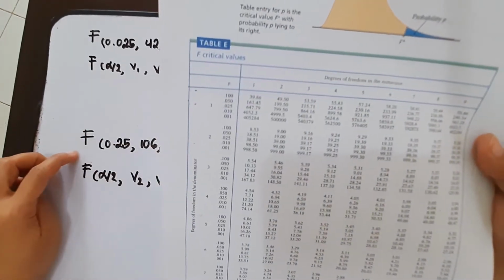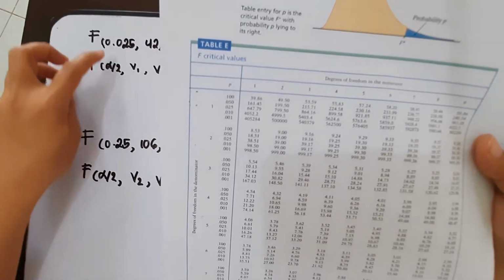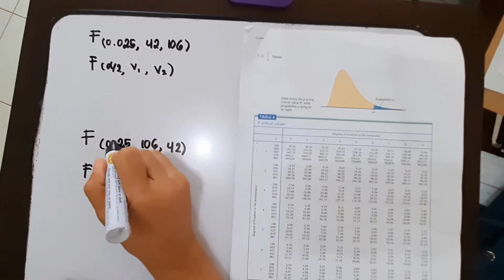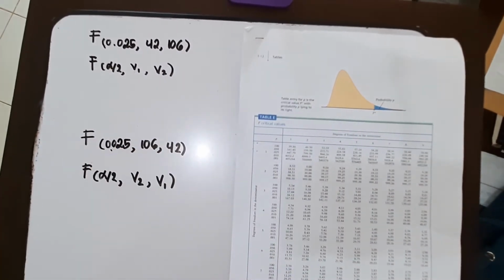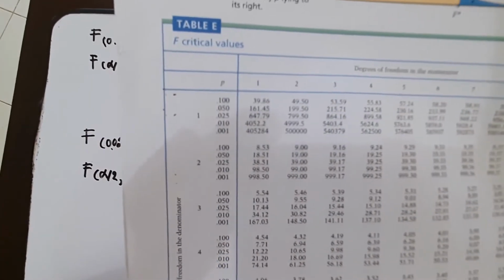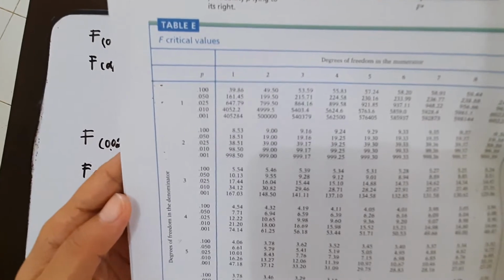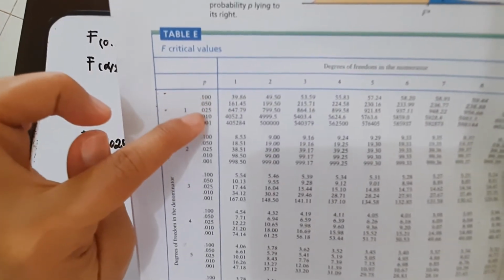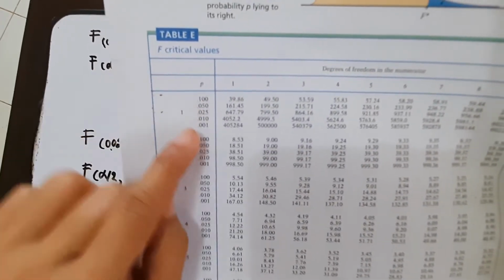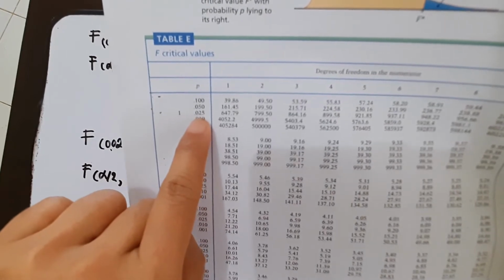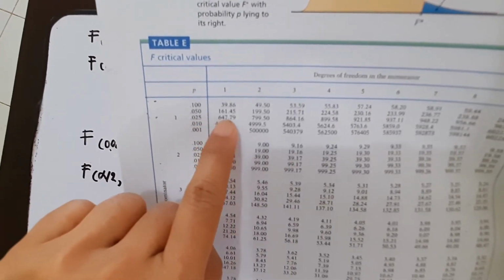So if we have 0.025, sorry, this is 0.025. So we are going to consider 0.025 values here, somewhere in the middle.